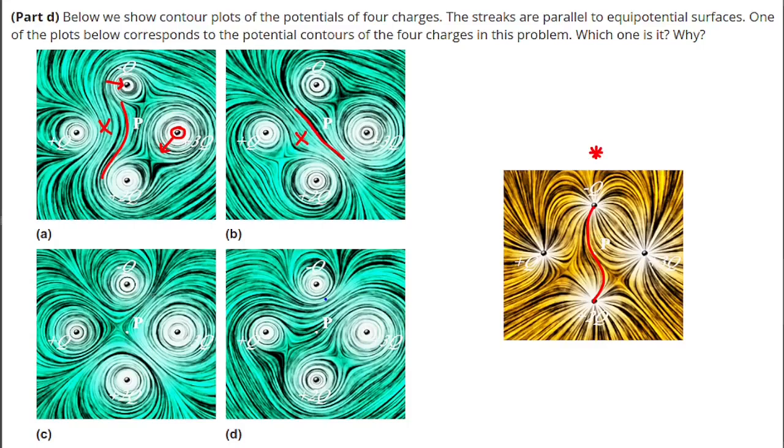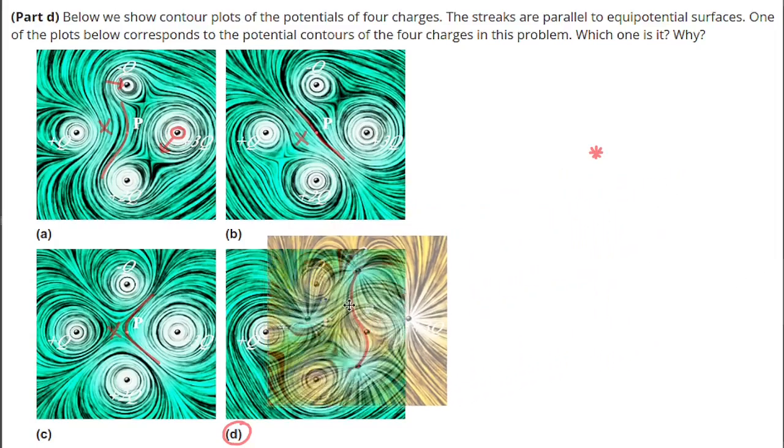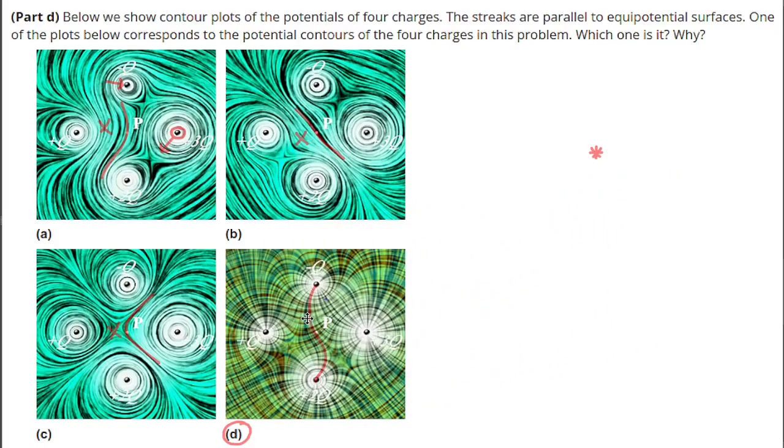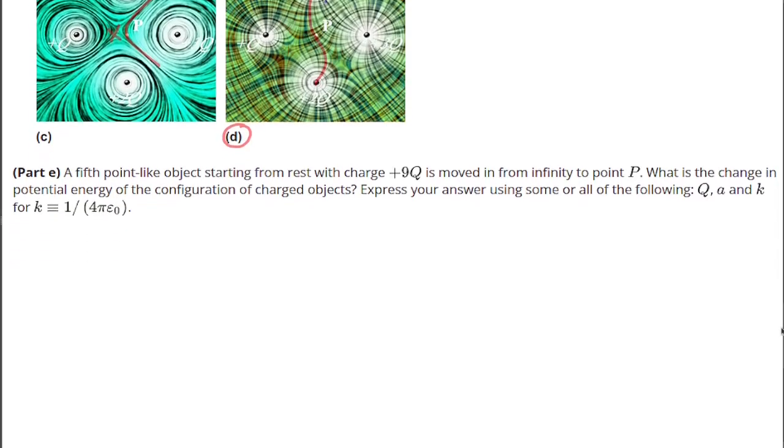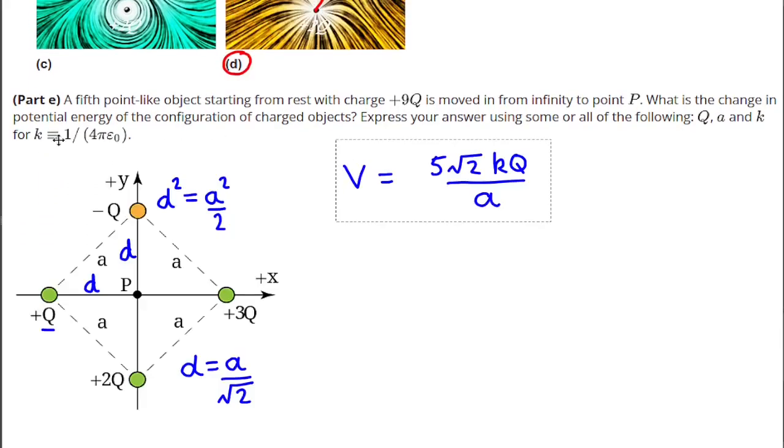And similarly, in this case, it's clearly not perpendicular to the electric field line, so this figure is likely correct. So let's make the electric field a bit transparent and overlay it over the potential plot. So you can see the electric field lines are perpendicular to the equipotential lines. And now we'll move on to part E and use our result from part C.